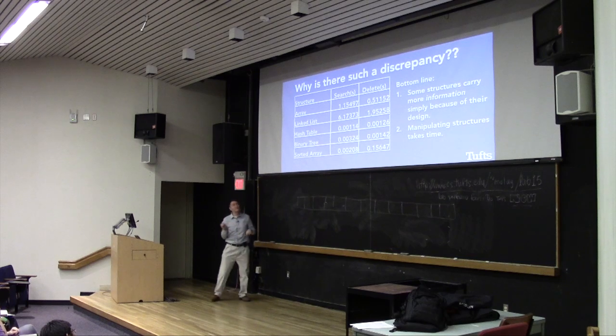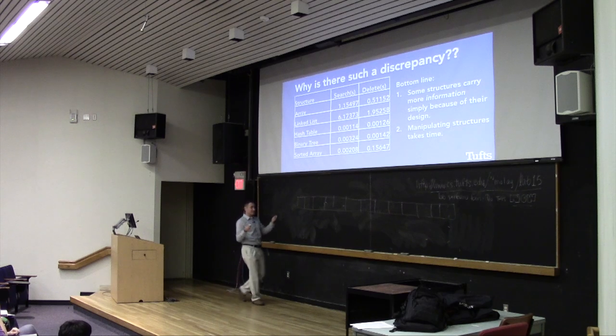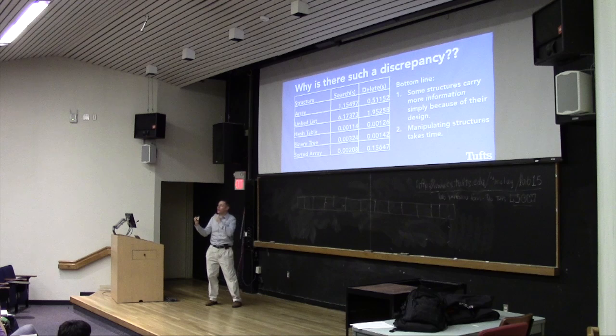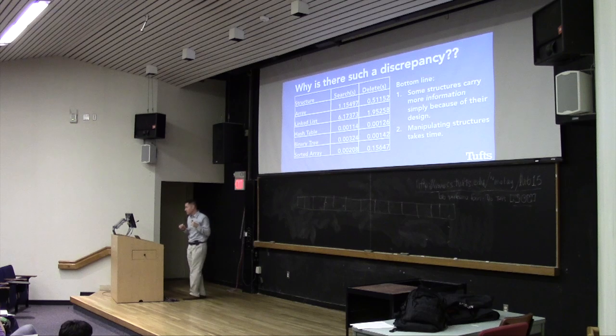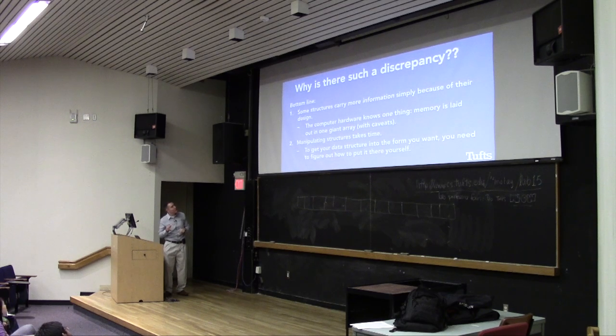That's why arrays are fast at doing some things, because that's the lowest level of the computer, what the computer knows. But they're bad at other things because it still does take time to look through everything. But you have to kind of shoehorn your data structure into this array form, because that's all the computer really knows.